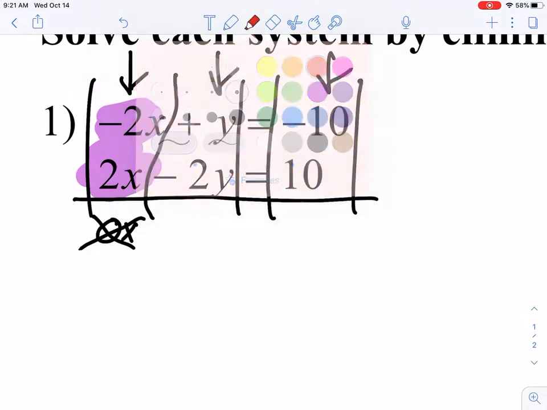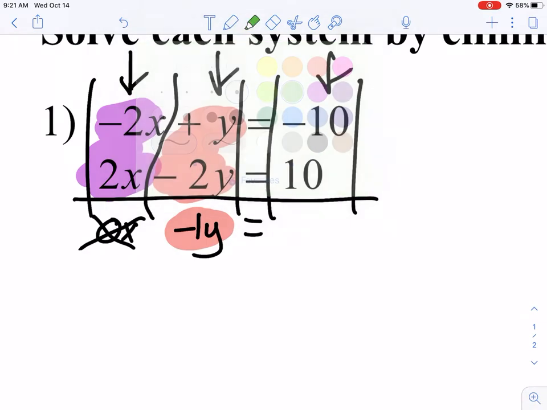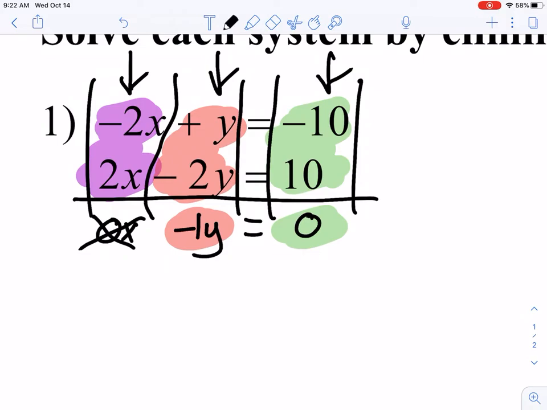Then positive y, negative 2y makes negative 1y equals negative 10 and positive 10. When I put those together, I get 0. So I get negative 1y equals 0. Now that I have one variable, I can divide both sides by negative 1 to solve, and I get y equals 0.